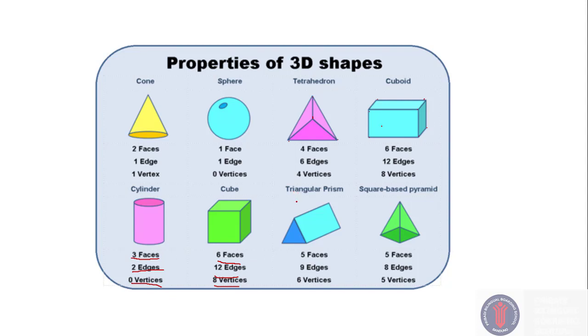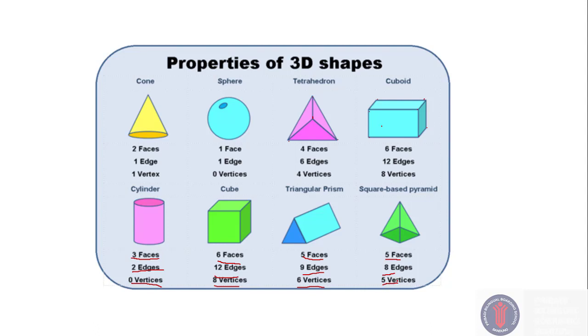Triangular prism has 5 faces. 3 of them are rectangles, 2 of them are triangles, 9 edges, 6 vertices. Square base pyramid has 5 faces, 8 edges, and 5 vertices.